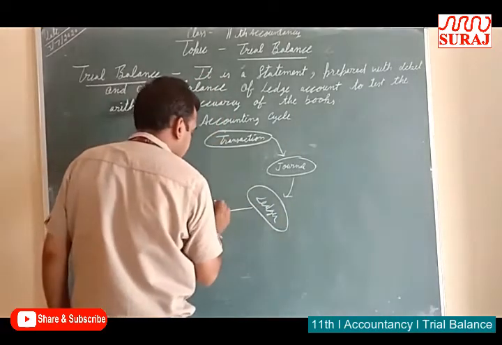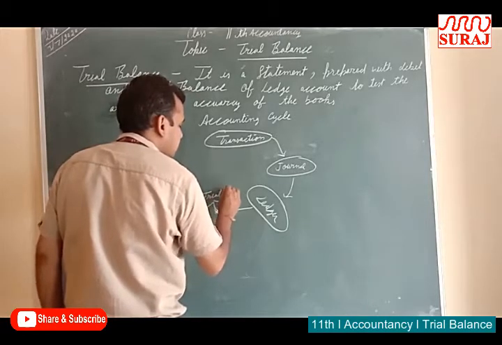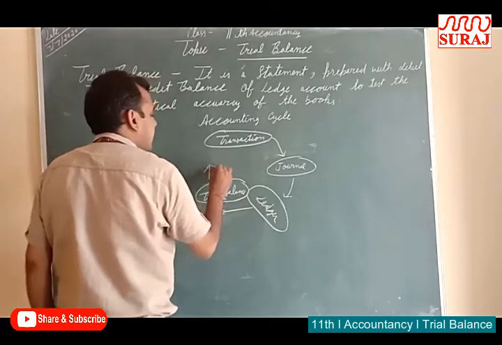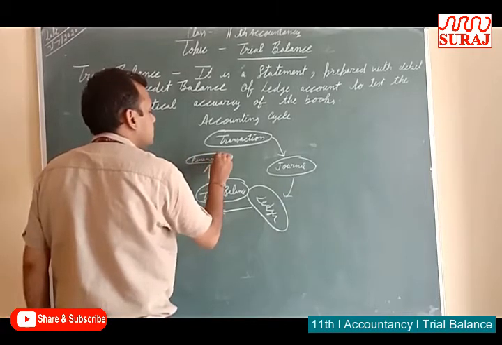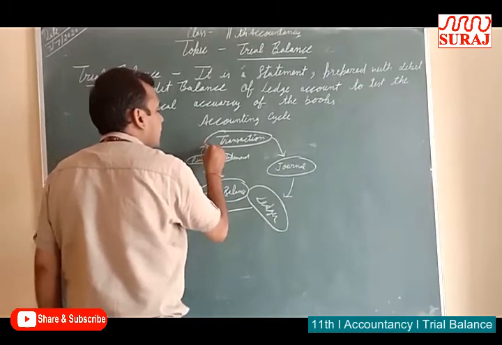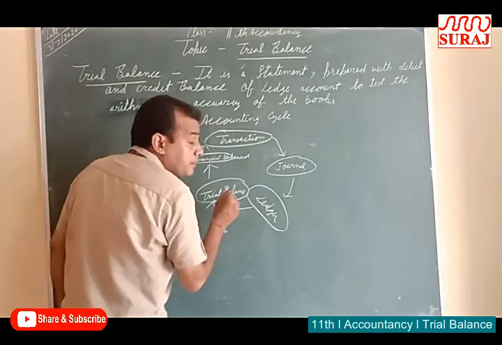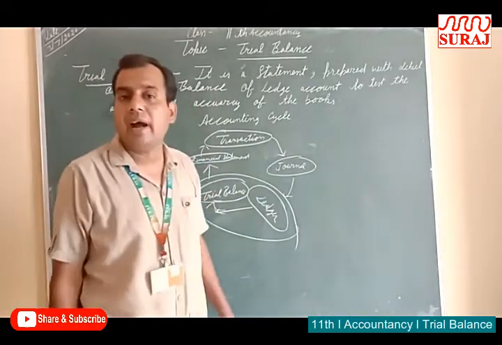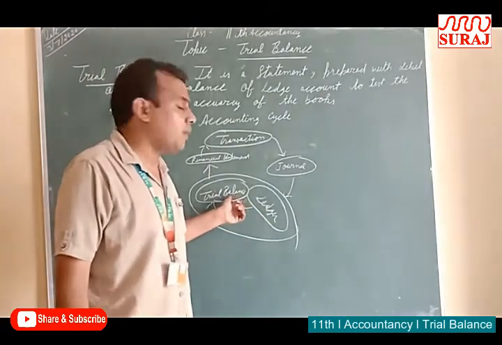Through the ledger we prepare the trial balance. And at the end we prepare the financial statement. Then again transaction. In the last chapter I taught you about the ledger. Today I teach you about the trial balance.